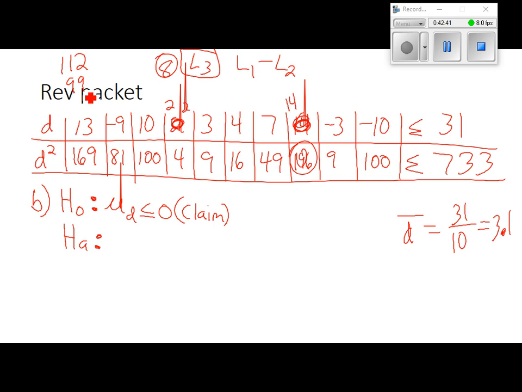So that should be flipped around. The researcher wants the difference between the two to be greater than or equal to 0. So what's that mean our HA is going to be? Just less than 0, right?